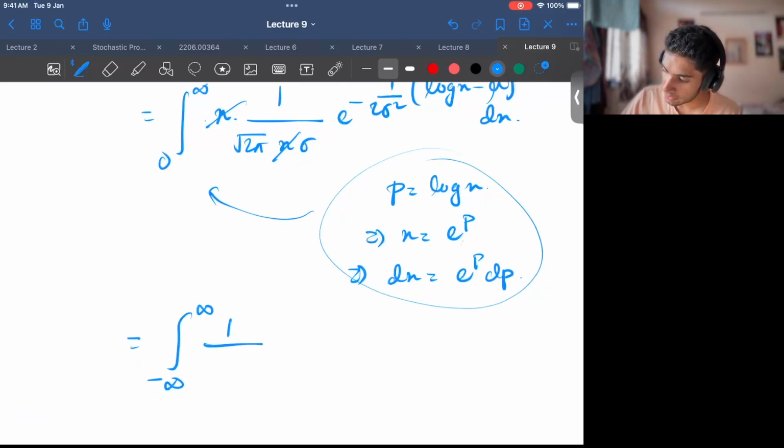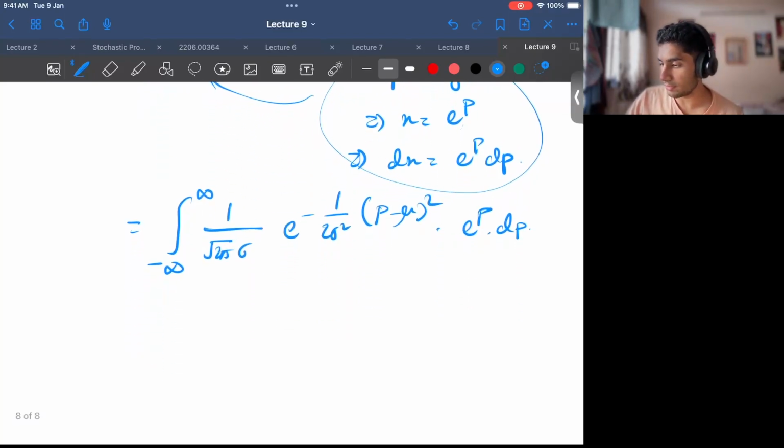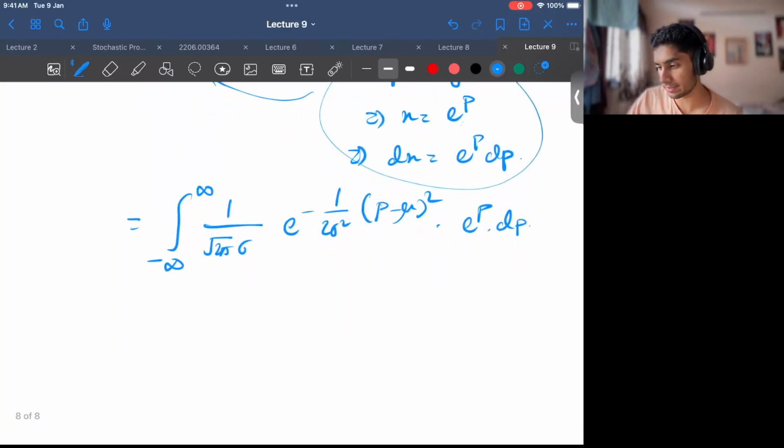So we have 1 by root 2 pi sigma, e raised to minus 1 by 2 sigma square, t minus mu whole square, times e raised to t dt. If you look at it, this is like the PDF of a Gaussian distribution.